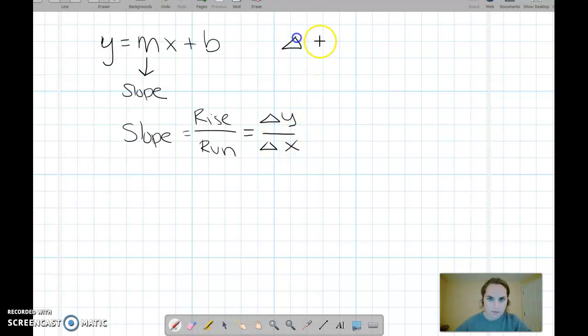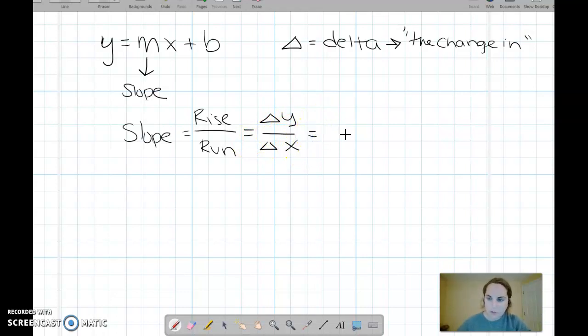So this little triangle is equal to delta. That's the name for that little triangle there. We just call that delta, and it stands for the change in. So how we read that out, we call it the change in y over the change in x.